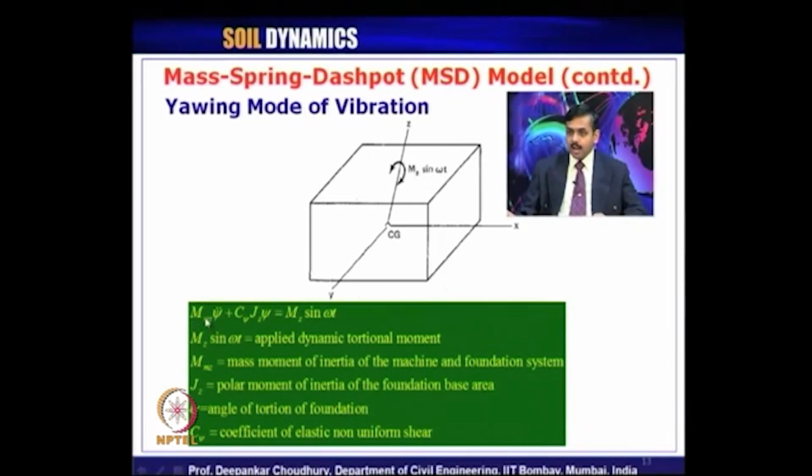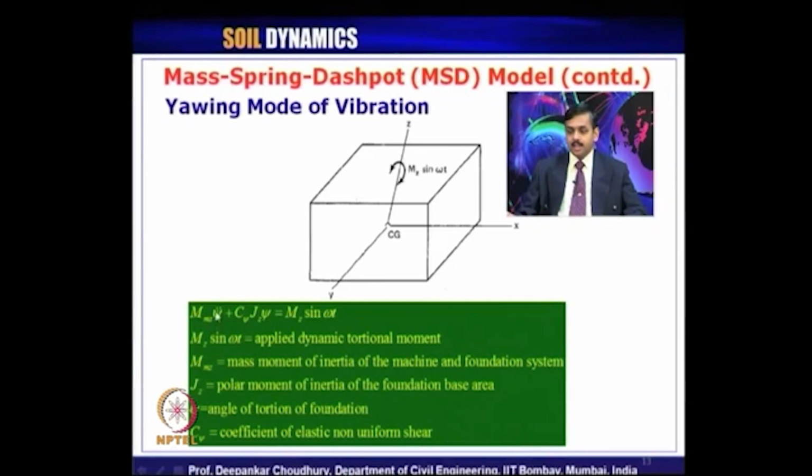So, in this case the governing equation of motion, by considering a single degree of freedom mass-spring-dashpot model, can be written like this. Suppose psi is the rotational displacement about this z axis because of this applied dynamic load; in that case, psi double dot is nothing but the rotational acceleration.